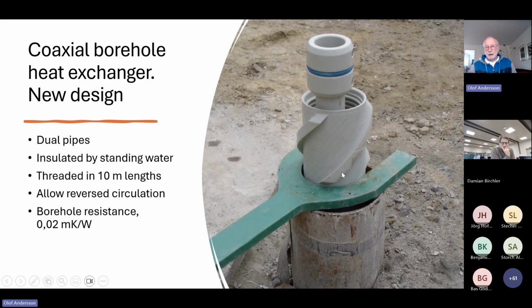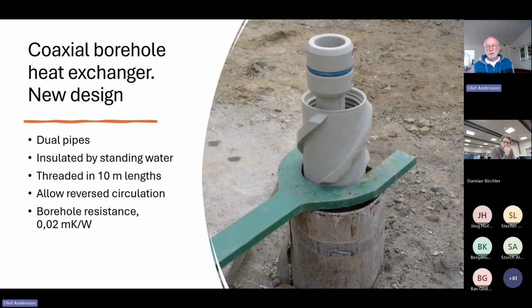And we have a special construction outside here to make the water more turbulent on its way up or down. It allows reversed circulation. So this means that when we store energy, it comes this way through the inner pipe, and you start storing in the bottom of the boreholes.